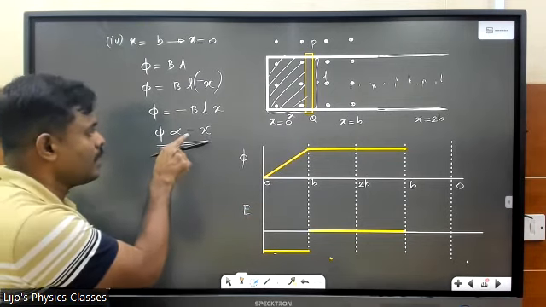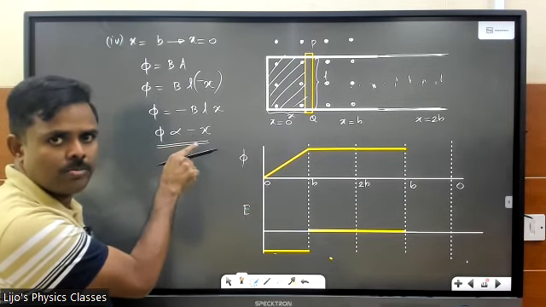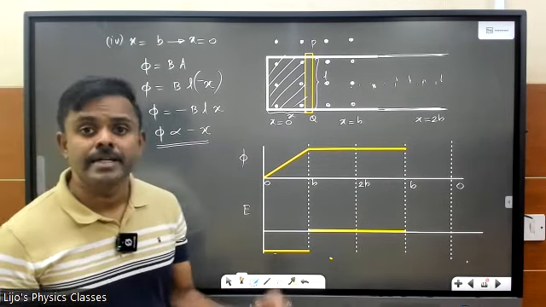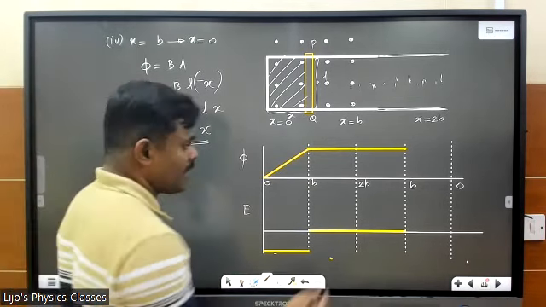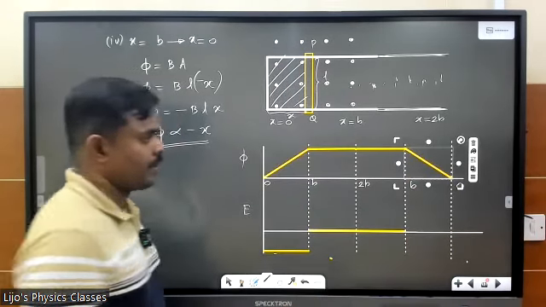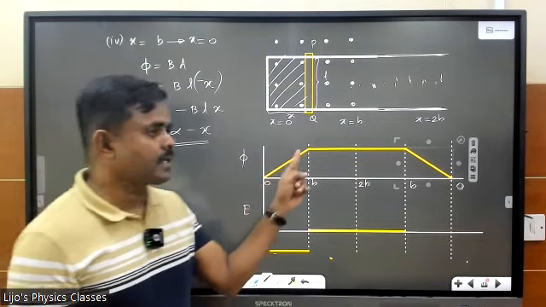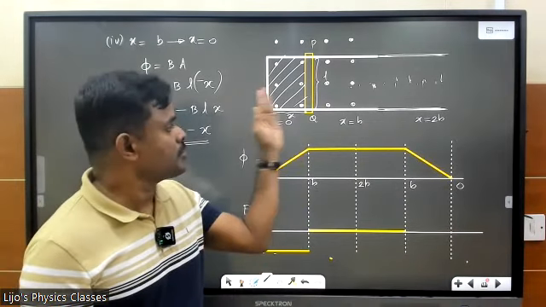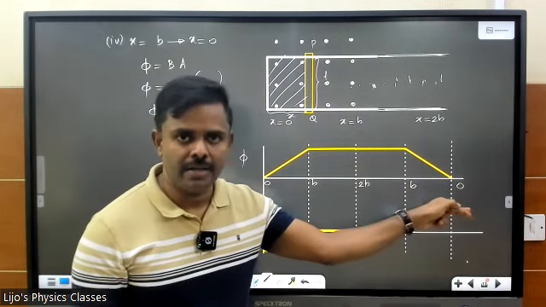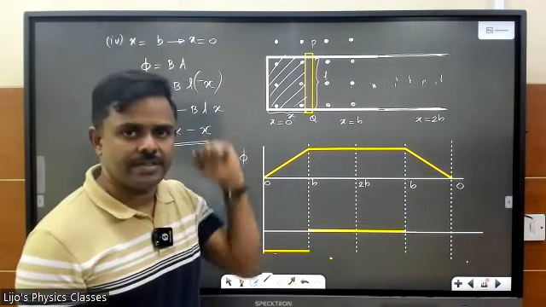But this time, look at the sign: negative. Negative slope means a descending graph, a graph that's climbing down. In the first segment, the graph was climbing up because the motion was to the right. In the last segment, the graph is descending because it is to the left.